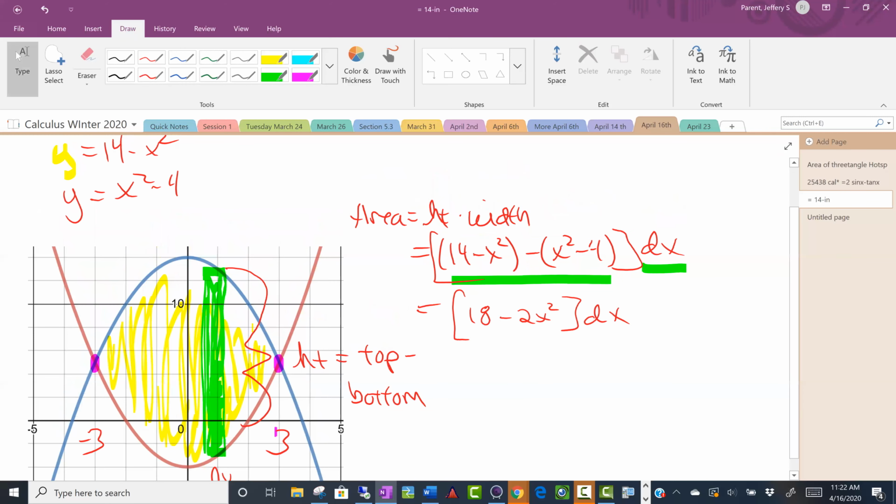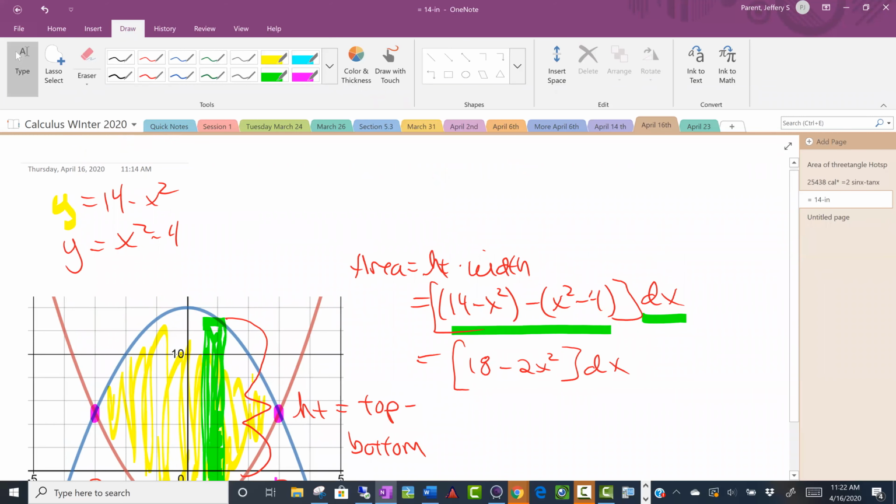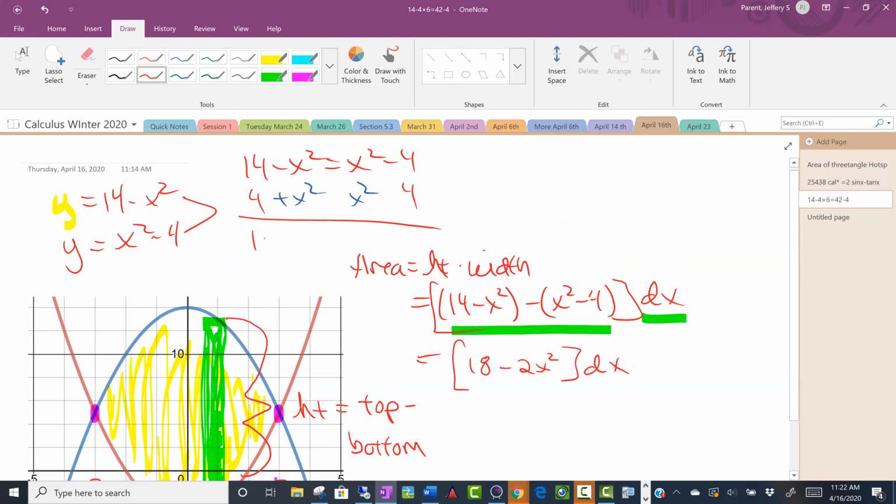So what you could do would be set these two things equal to each other. So 14 minus x squared equals x squared minus 4. I'll add 4 to both sides, and I'll add x squared to both sides, and I end up with 18 equals 2x squared. Divide both sides by 2. 9 equals x squared.